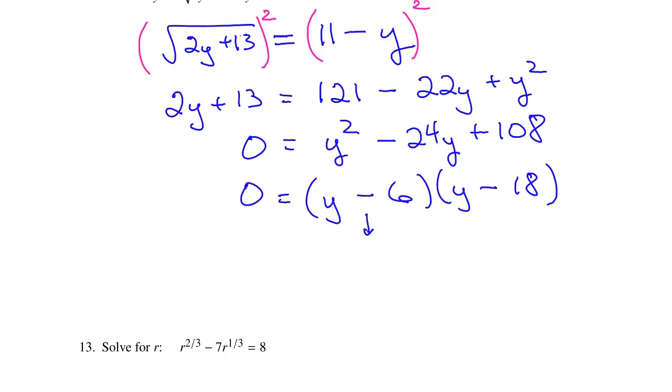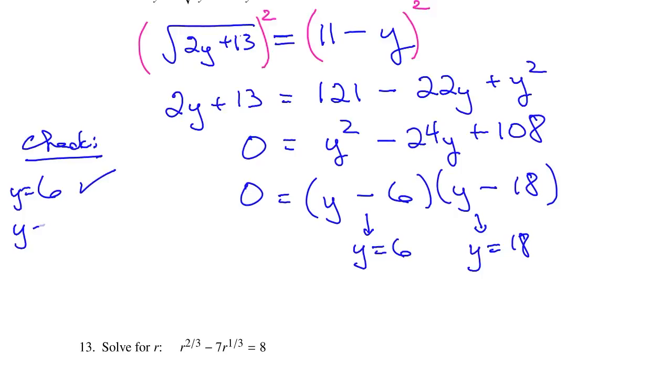Split that up and you get y equals 6 and y equals 18. You do need to check these, and I'll leave it to you to check, but when you check y equals 6, that one works out, and when you get y equals 18, that one does not check out. So the solution is just 6.